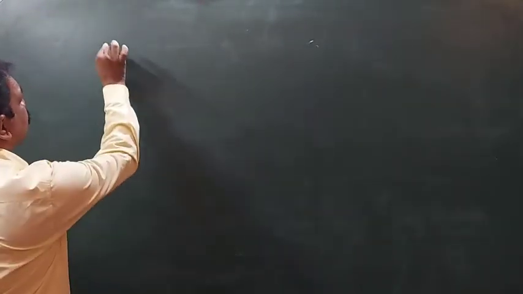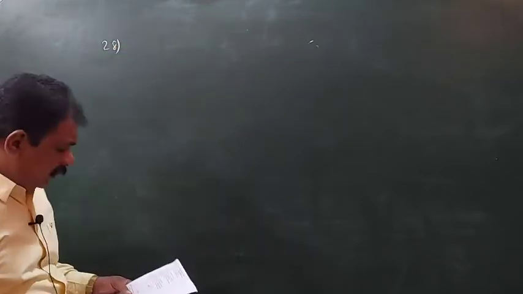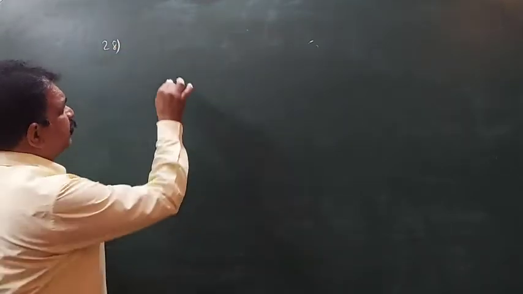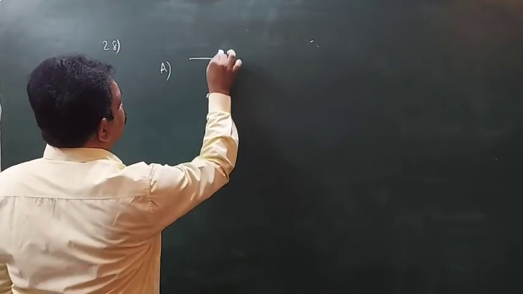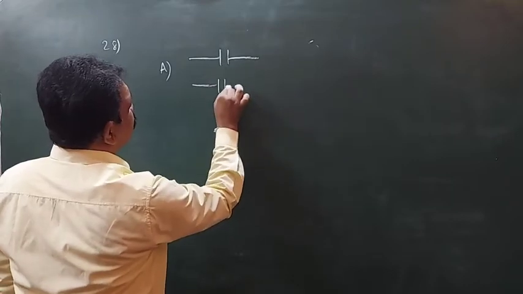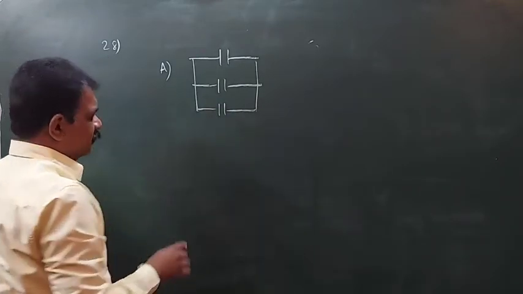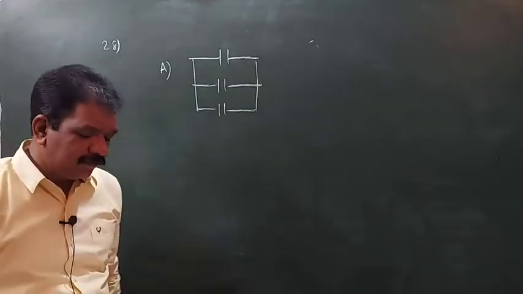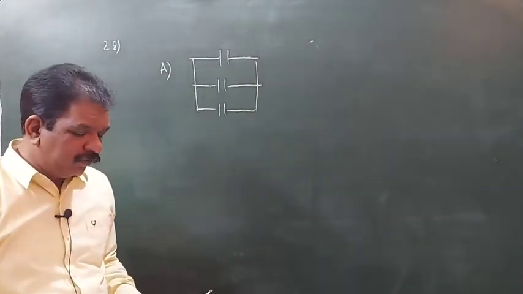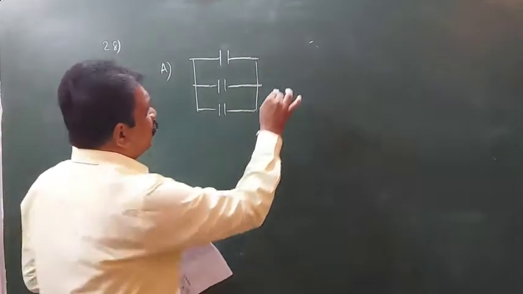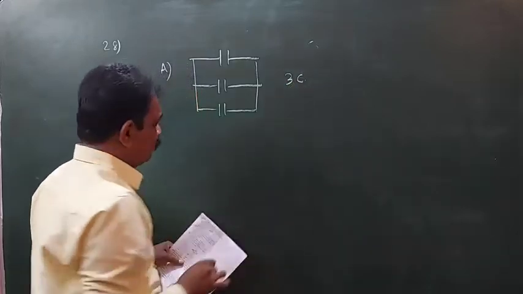What they mentioned: here 3 capacitors are arranged like this in A. All are in parallel, all are identical. So the effective capacity of this will be 3C.